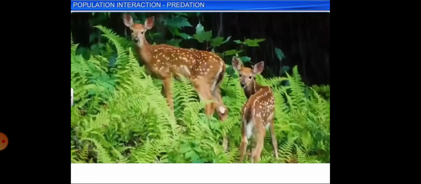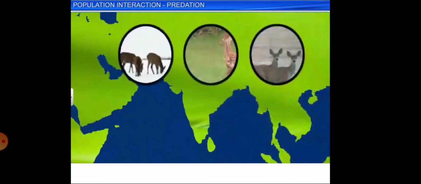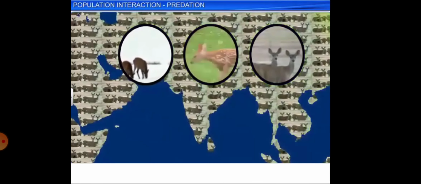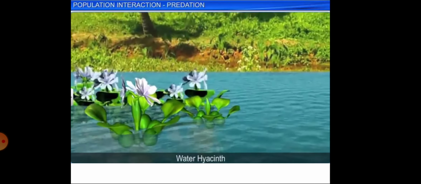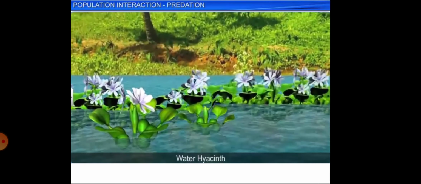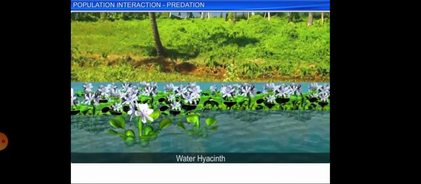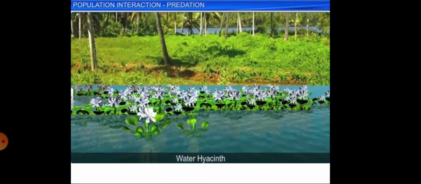In some cases, the prey species grows so large that it may cause instability in the ecosystem. For example, due to the absence of natural predators in a specific geographical area, the introduction of an exotic species, such as the water hyacinth, causes it to grow and spread fast and wide.